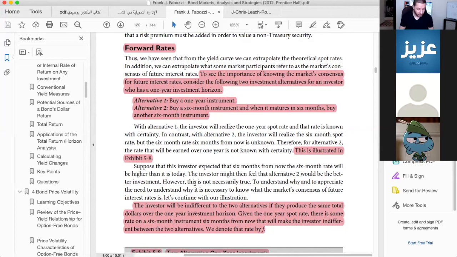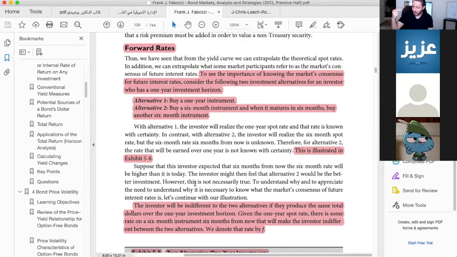Actually, what I would have done in such a situation, I would issue one. So I'm not buying, I'm issuing one treasury bill. I can't do it because I'm not the government, but I'm trying to simplify the question.